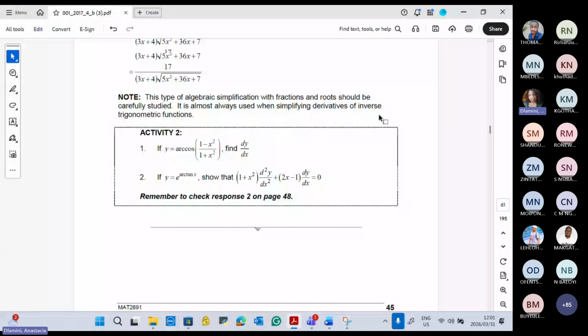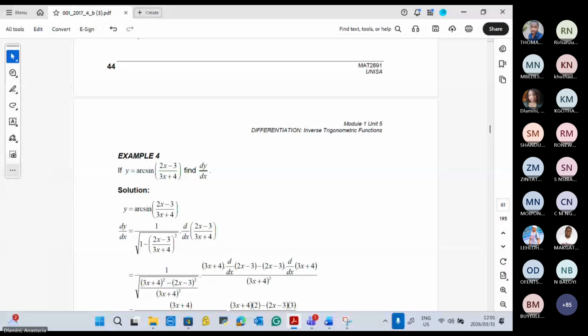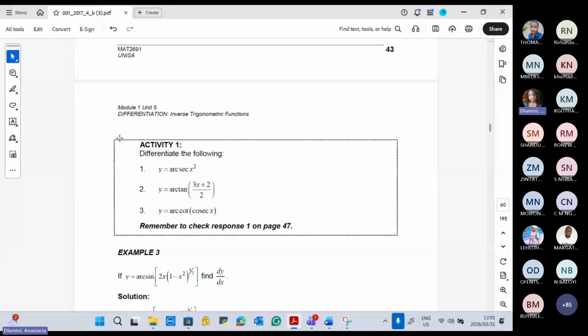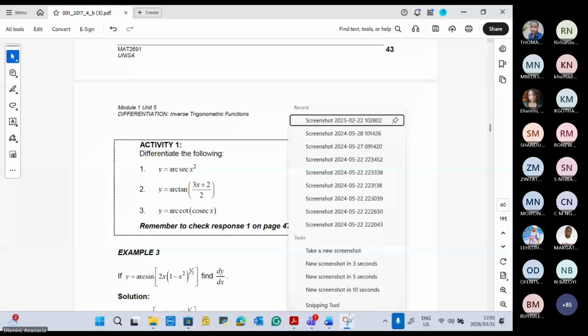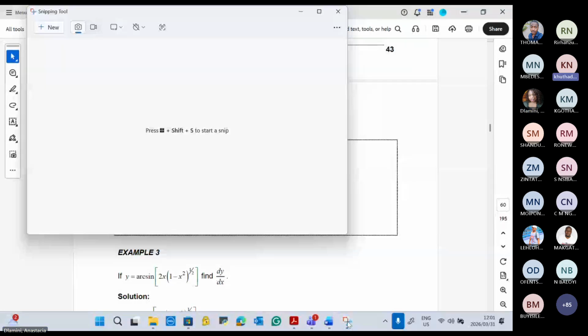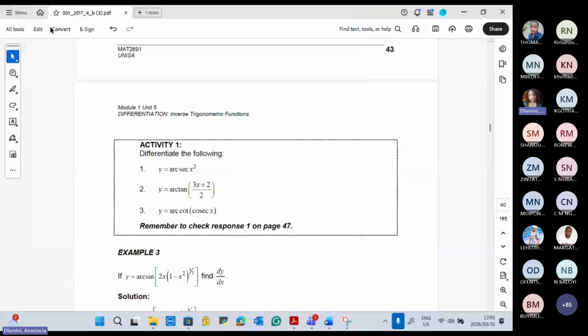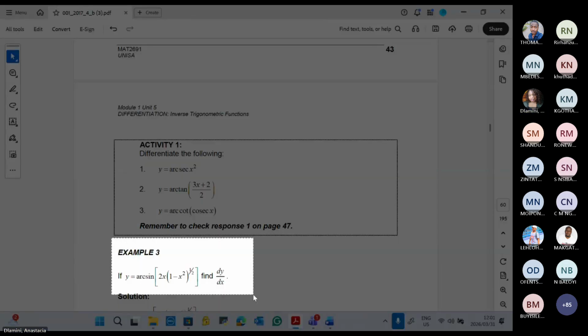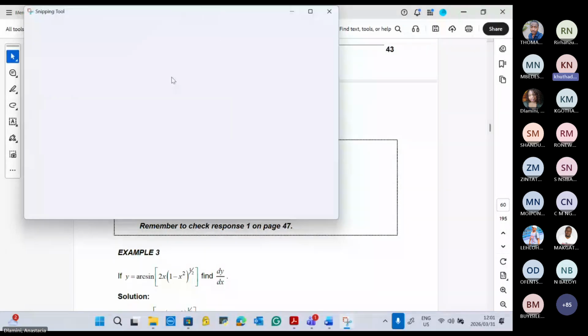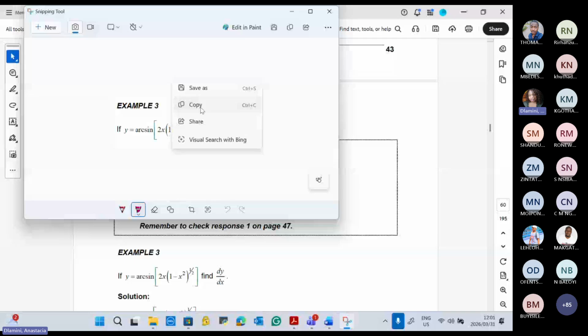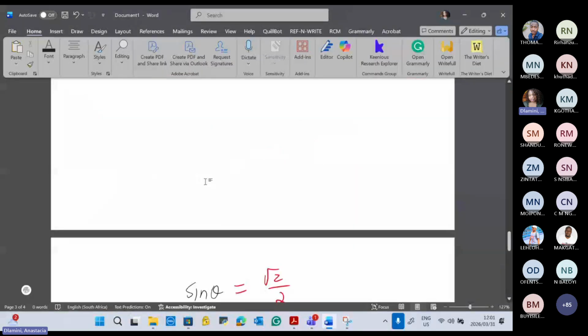Let me see. Where are we? Oh, here. Example 4. We're doing example 3. Oh, example 3. Carrots, ma'am, carrots. Yay. I'll make sure.